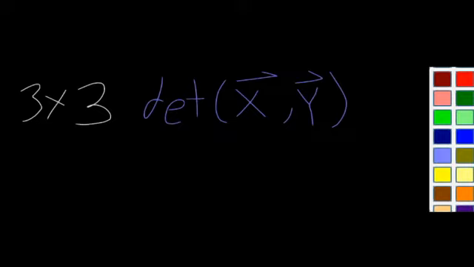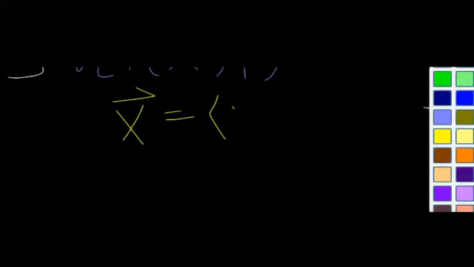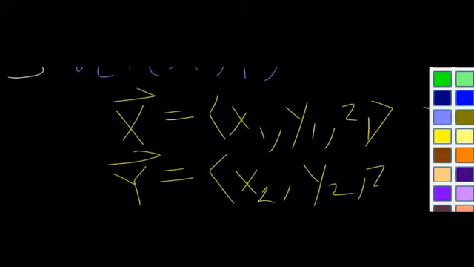Actually, you could just insert a 0 in the empty component, but never mind that. X has components of X1, Y1, Z1, and vector Y has components of X2, Y2, and Z2.